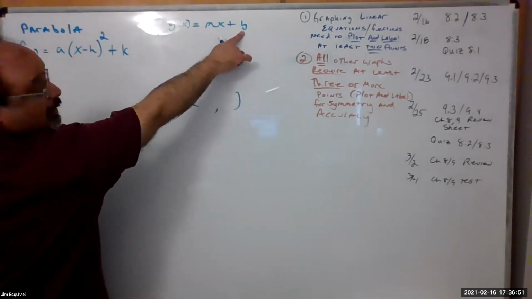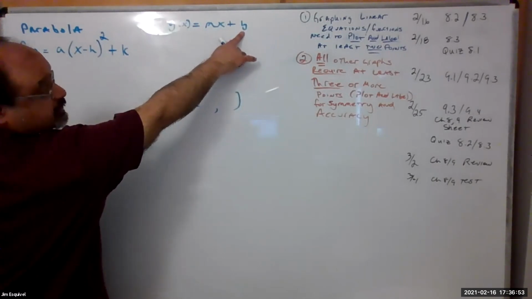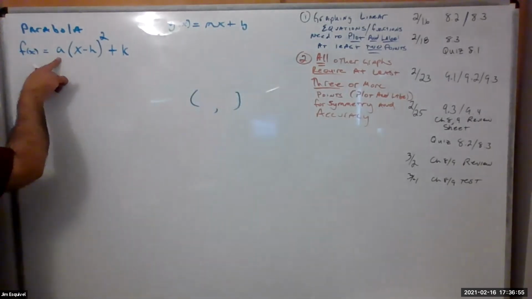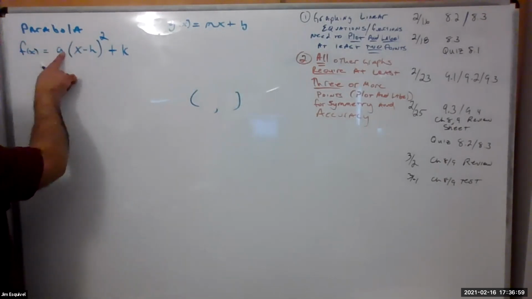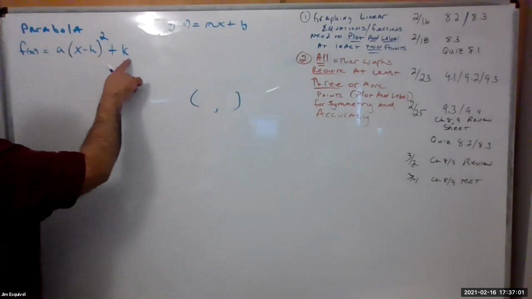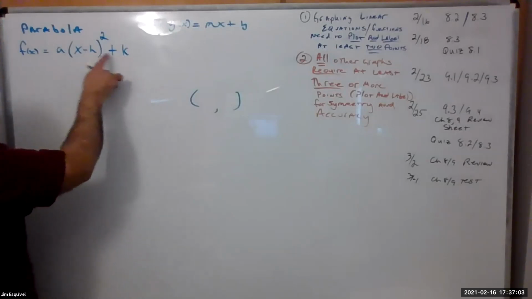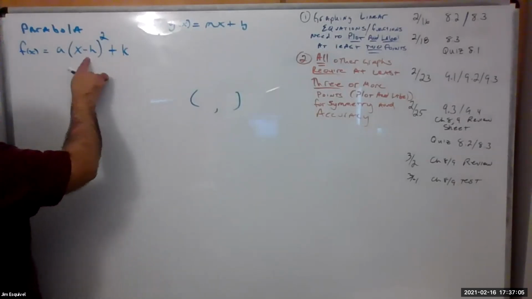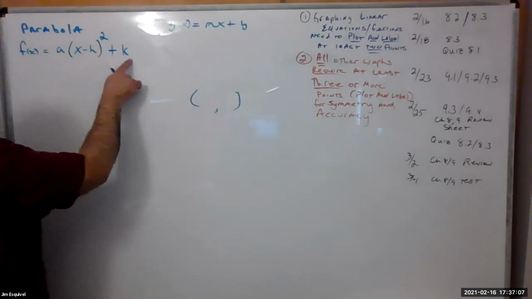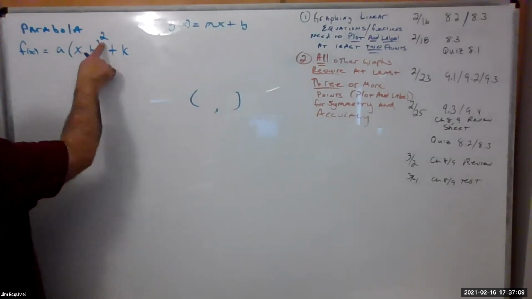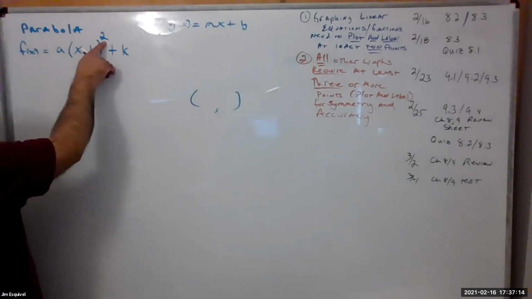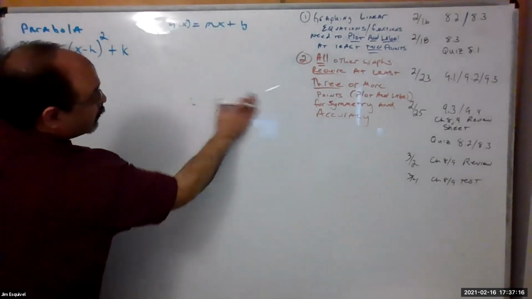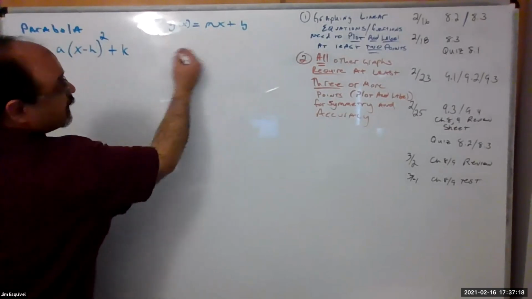And b tells you where the y-intercept is. This a tells us something about what the parabola is doing. This h and this k tell us something about what the parabola is doing and where it goes. The square itself, the fact that it's a power of 2, is also important.